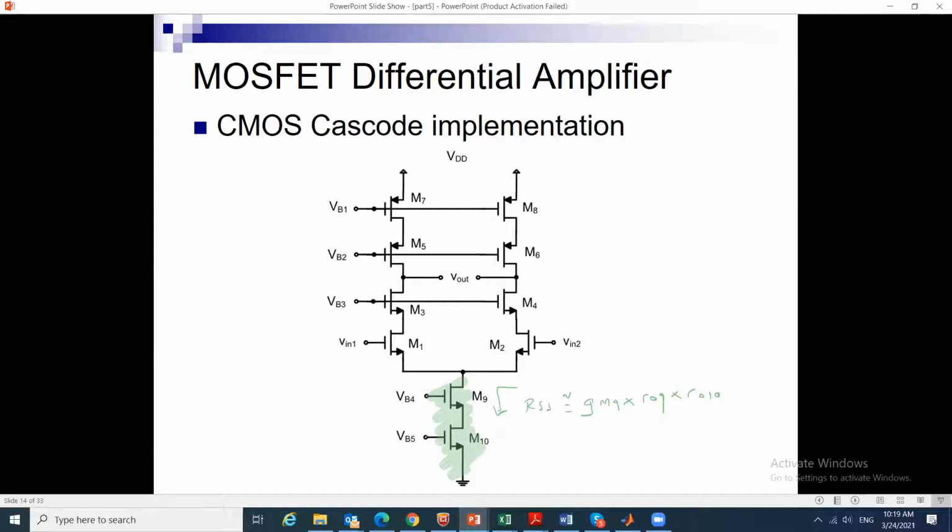Now when I am studying the differential mode, if I have VID over 2 here and I have minus VID over 2 on this side, this node will still be virtual ground. Okay, so my circuit will be literally, I have M1 with VID over 2 here, this is grounded, then I have the cascode, this is DC, okay, this is VO1.